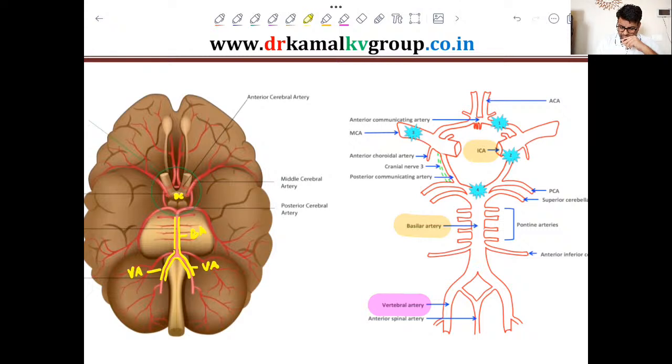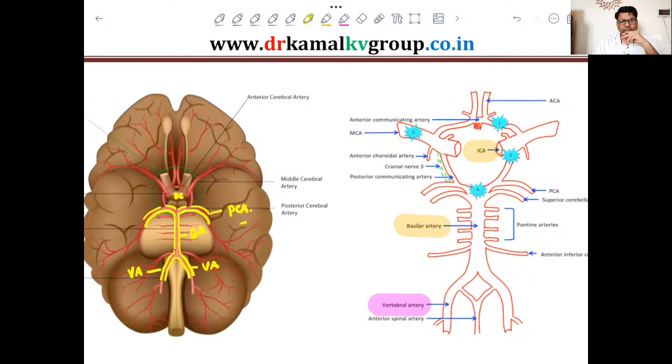I think most of you must know that the posterior cerebral artery supplies the occipital lobe of the brain, where we have the visual cortex. So this is the posterior cerebral artery.